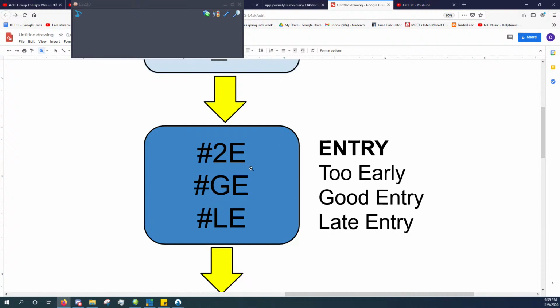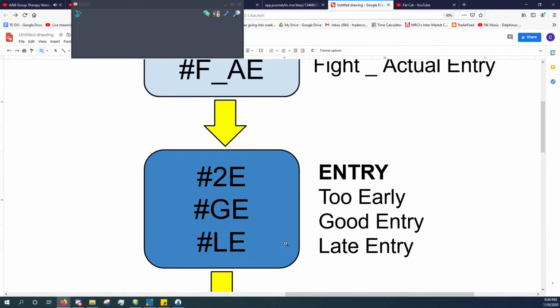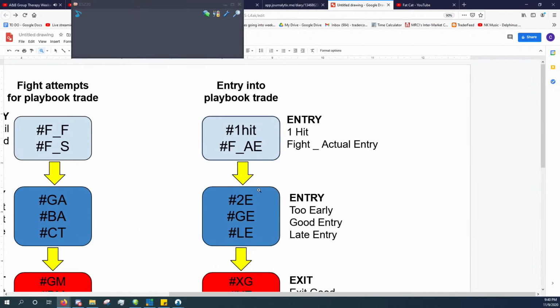I think this too early hashtag pairing might be a little fucked up because I'll most likely get stopped out, but actually what this too early makes sense for is if I hit the playbook trade, but it's too early. Let me explain something about this column.